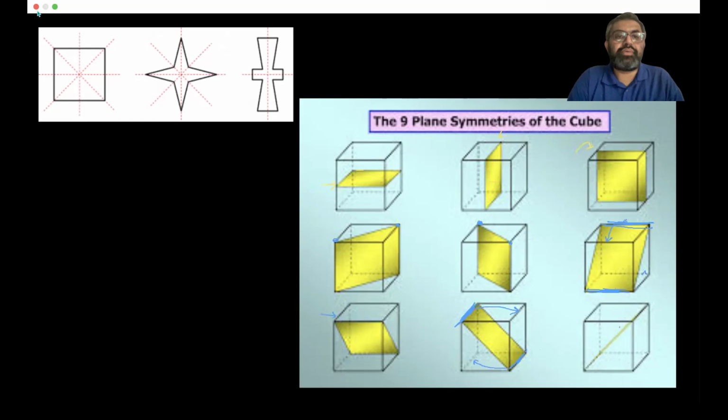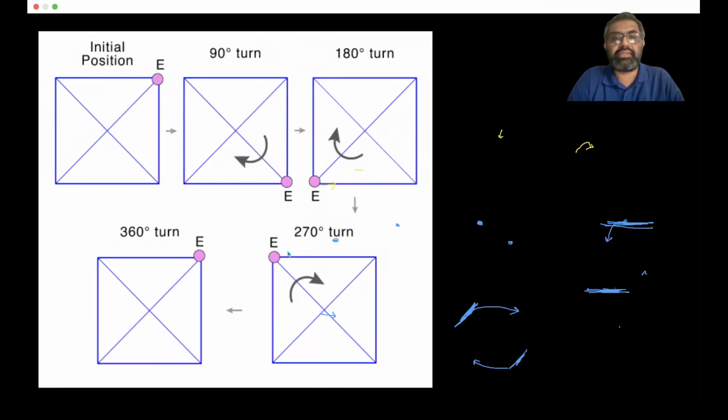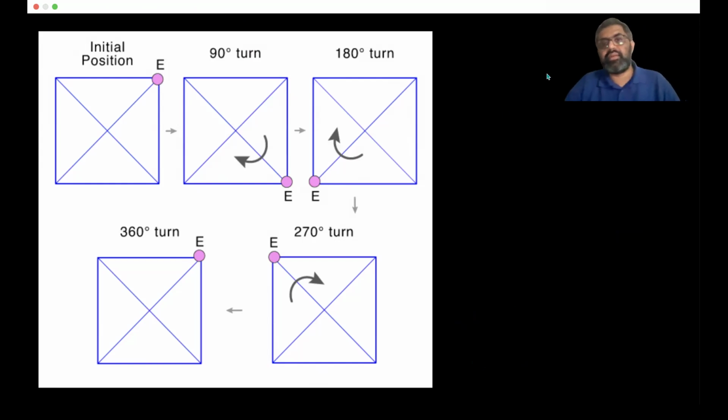If we have some other shapes, we can think about how many lines of symmetry we will have. For example, for a sphere, how many lines of symmetry will there be? I am just going to draw a circle, but you can think about a sphere. Even for a circle, how many lines of symmetry are we going to have? There will be infinite lines of symmetry, symmetric across this, symmetric across this.